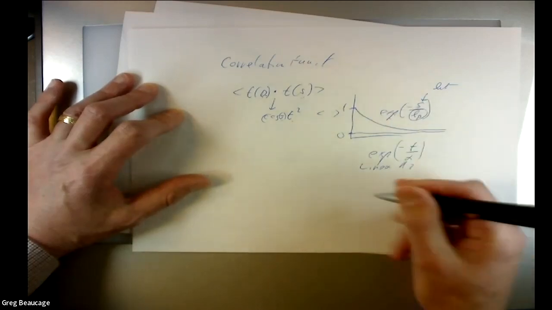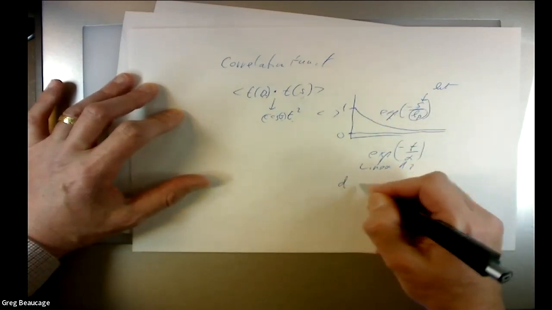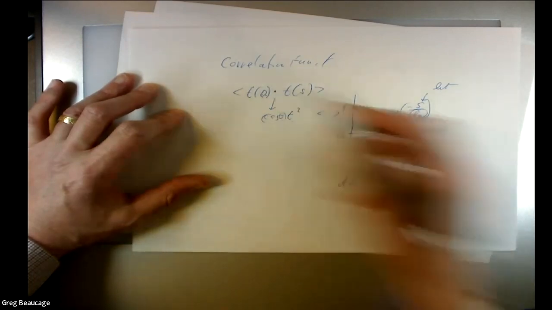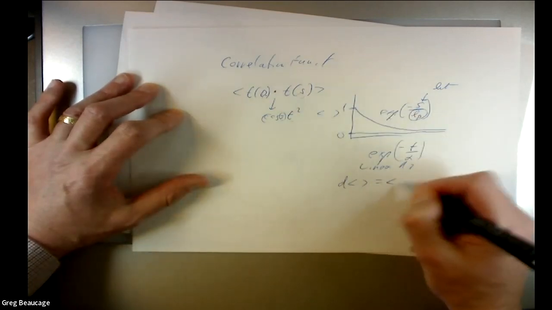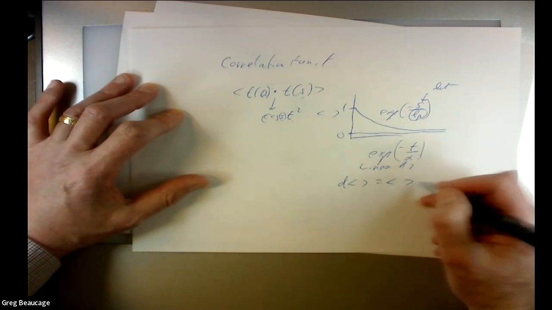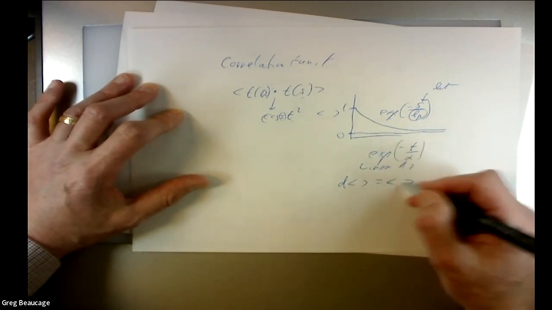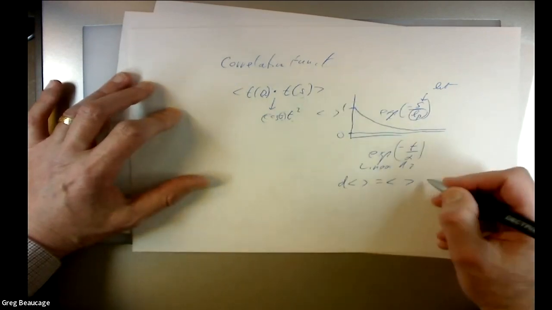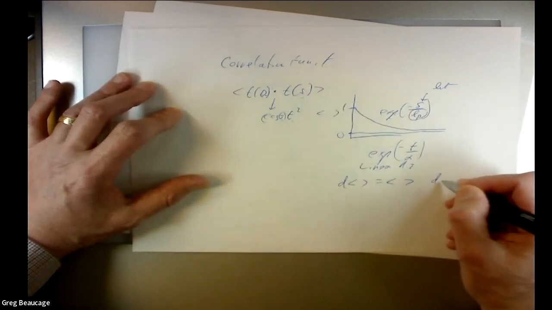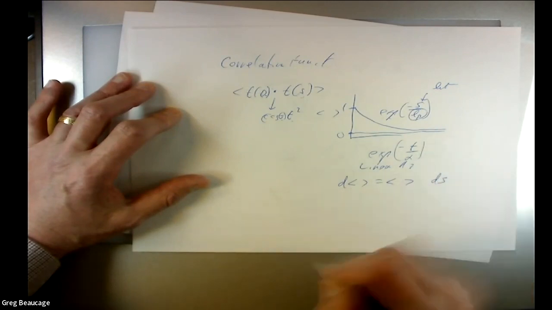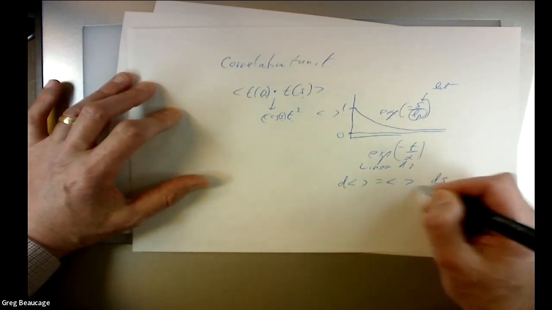So this thing is actually that your change in this correlation thing equals a correlation thing times this by LP here.